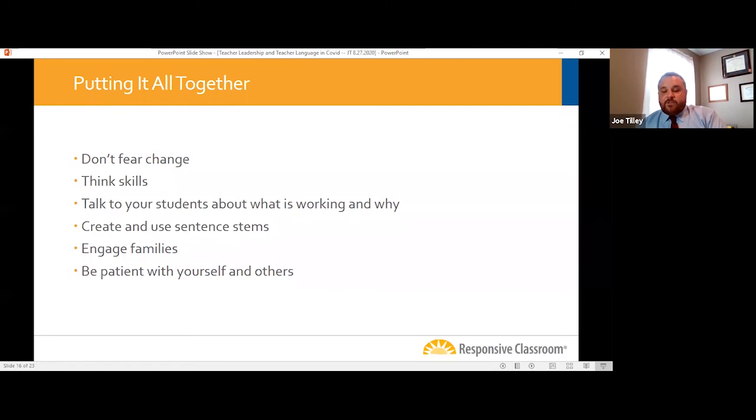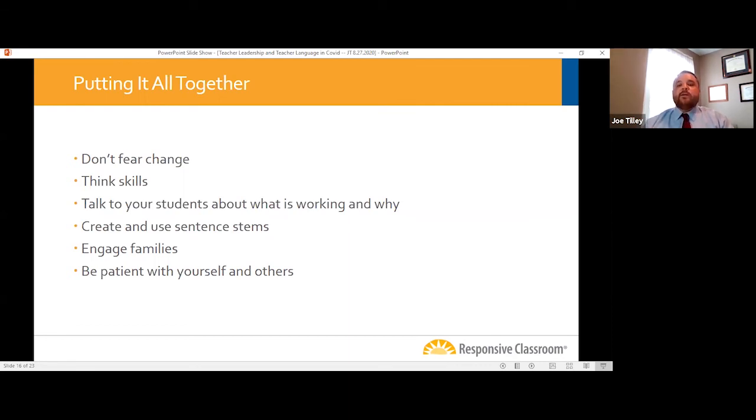And then lastly, just remember to be patient with yourself. Be patient with others, be patient with your students, be patient with the skill set and those competencies, and just lead with empathy. Because if you lead with empathy and you're patient with your students, you're going to create equity for everybody.